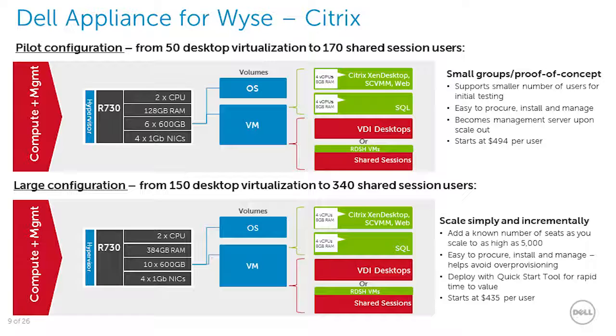On these volumes, there's also Citrix XenDesktop, Microsoft Hyper-V Hypervisor, Microsoft System Center Virtual Machine Manager, Microsoft SQL, the virtual machines, or the shared sessions. The pilot configuration is great for proof of concept or for very small businesses. The large configuration is better for large organizations who know right away that they want to go big with VDI.